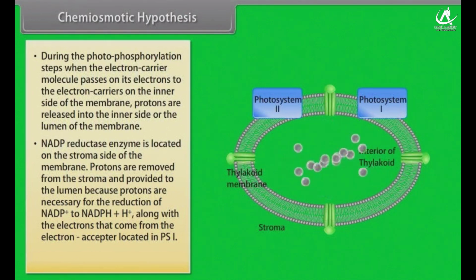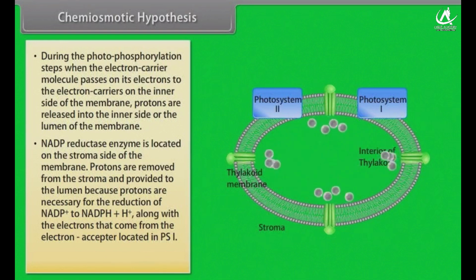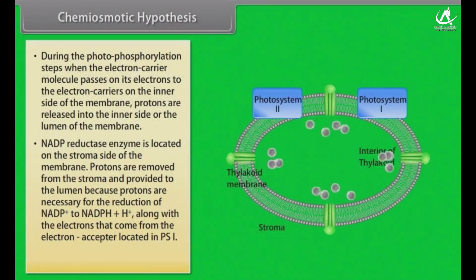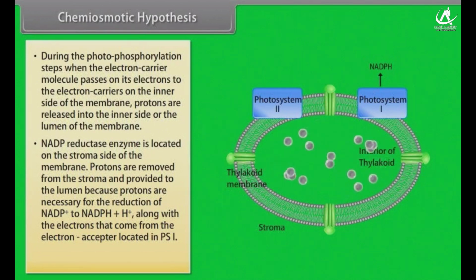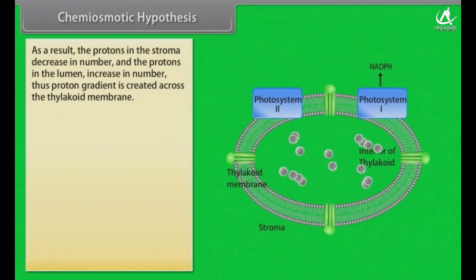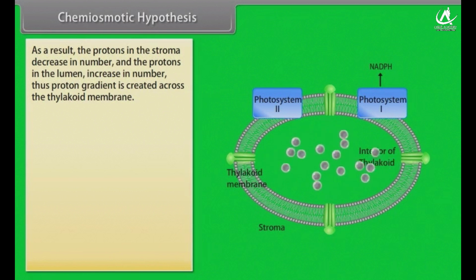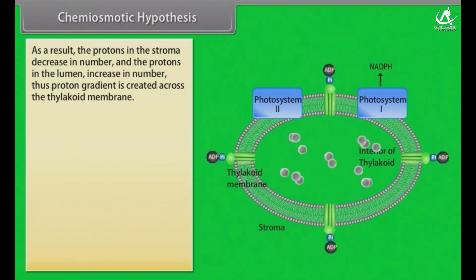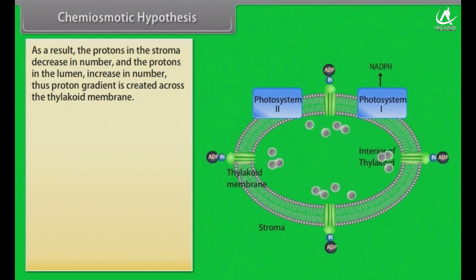Protons are removed from the stroma and provided to the lumen because protons are necessary for the reduction of NADP+ to NADPH plus H+, along with the electrons that come from the electron acceptor located in PS1. As a result, the protons in the stroma decrease in number and the protons in the lumen increase in number. Thus, a proton gradient is created across the thylakoid membrane.